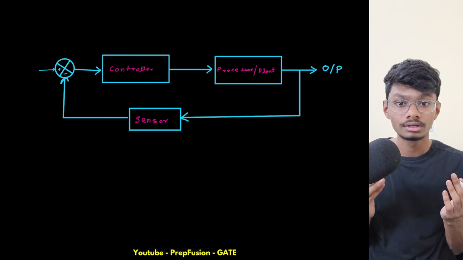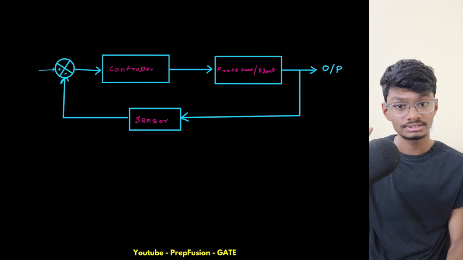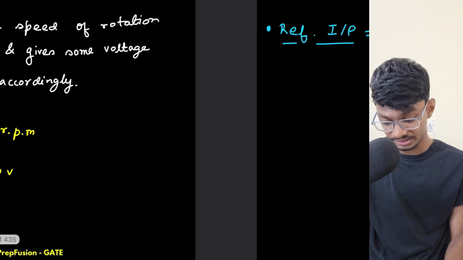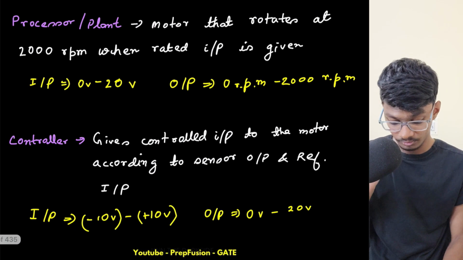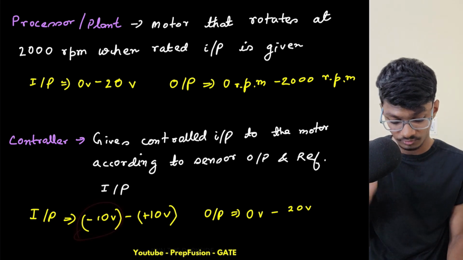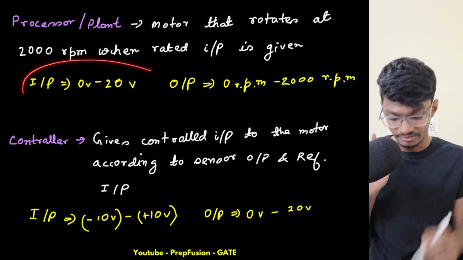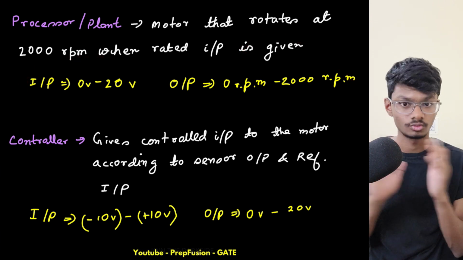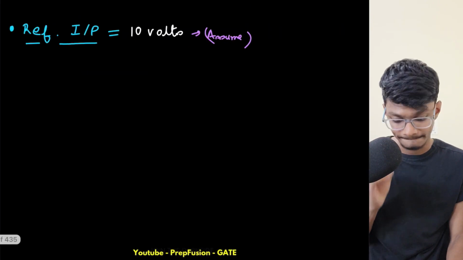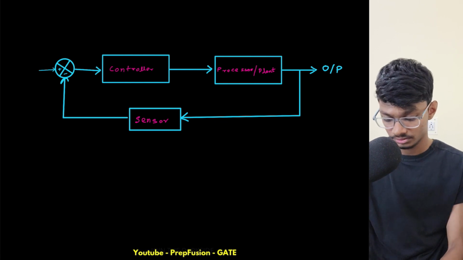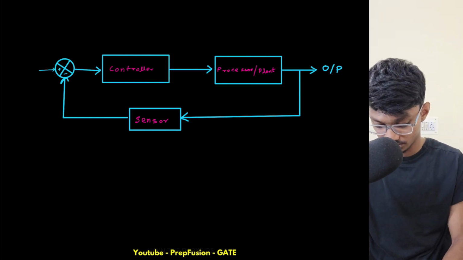What do I mean by ideal? Everything is working as I explained. If the controller input is minus 10 volts, it will give 0 volts. If the controller input is 0 volts, it will give me 10 volts. As expected, everything is working ideally. There is no error at all.